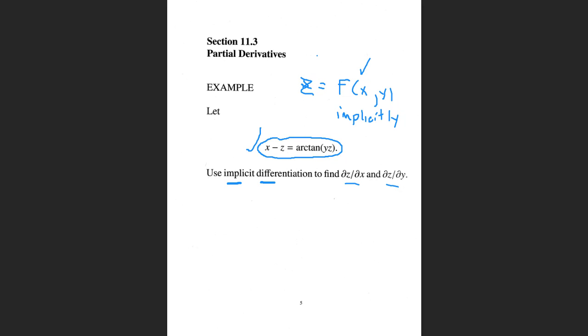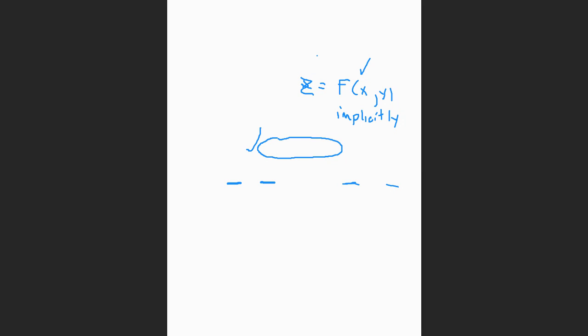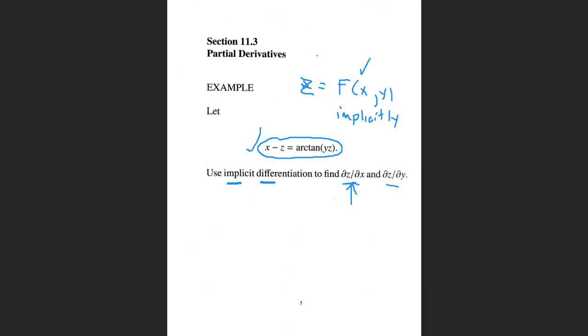And if you change the x value and the y value, the z value will likely change. So z is implicitly a function of x and y, and as x changes, z changes at some rate, and as y changes, z changes as well at some rate. So we have to use implicit differentiation.